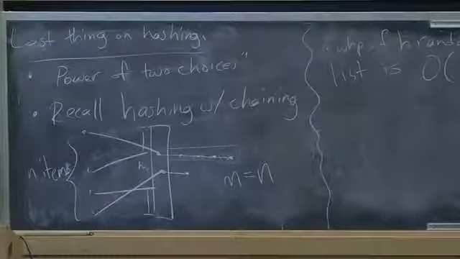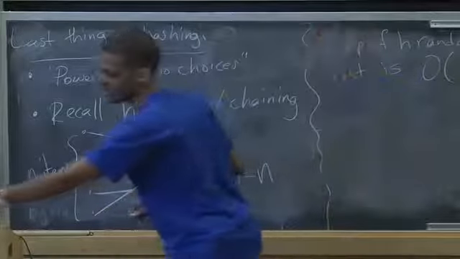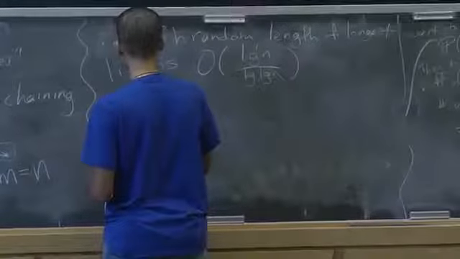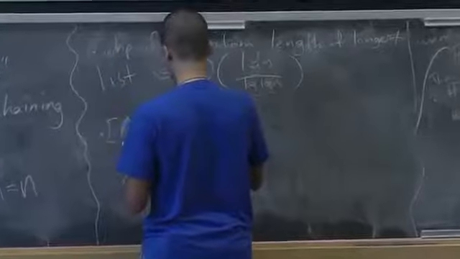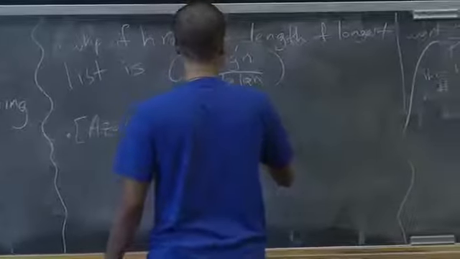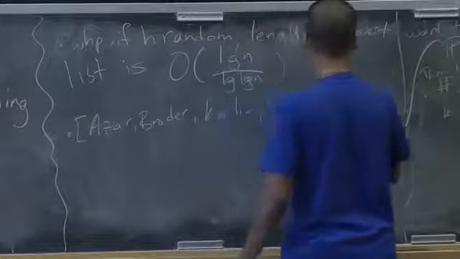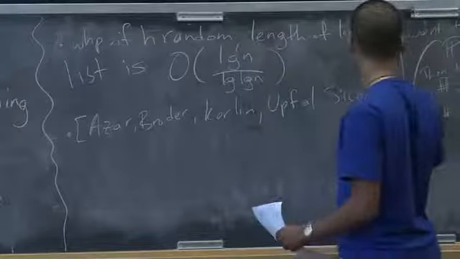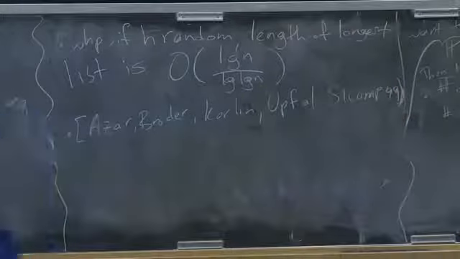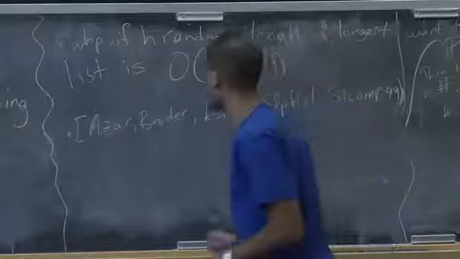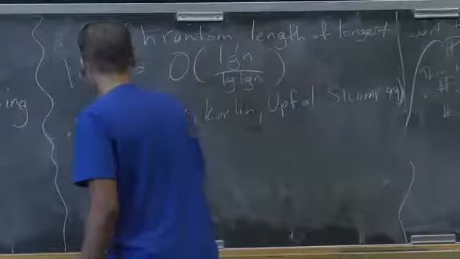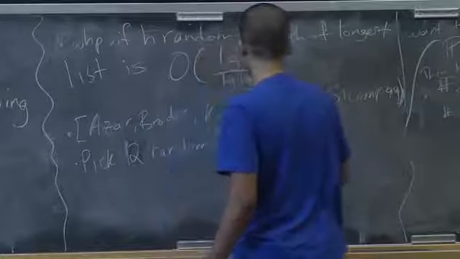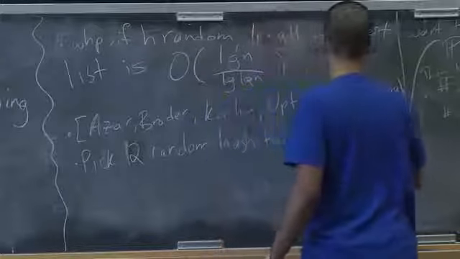So here's a simple idea. Let me make sure I give the proper reference. This is Azar, Broder, Karlin, and Upfal, SICOMP 99. So the idea here is: pick 2 random hash functions, g and h.